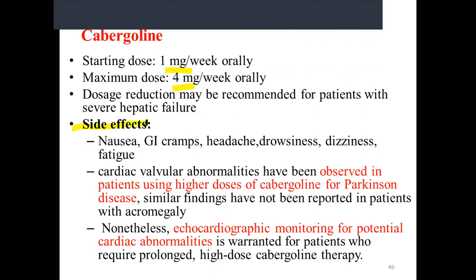Then the most common side effects of the dopamine agonists are nausea and vomiting. Why can they cause nausea and vomiting? I hope Dr. Larry took us through the pathogenesis of nausea and vomiting when he was discussing GIT disorders. Why are dopamine agonists responsible for nausea and vomiting?